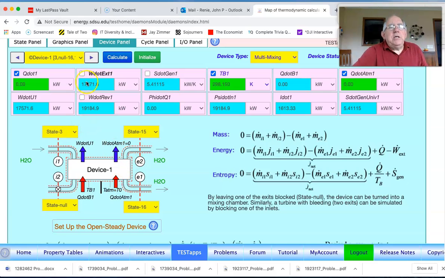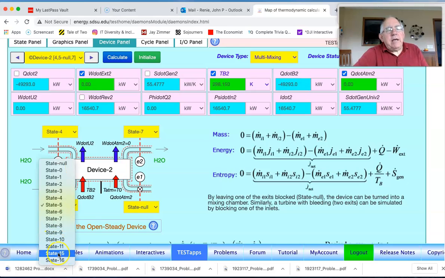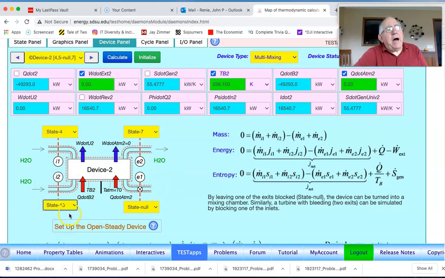And as you can see, this external work dropped from 20 megawatts to 17 megawatts because of the irreversibility of the real turbine. Now, is there anything else we have to look at? Well, we have to go back and we have to re-look at this particular process heater. And so what's coming into the process heater is actually state 15 instead of state 5.